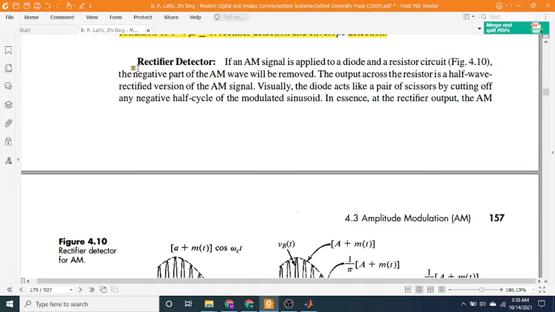Rectifier detector. If an AM signal is applied to a diode and a resistor circuit, Fig. 4.10, the negative part of the AM wave will be removed.